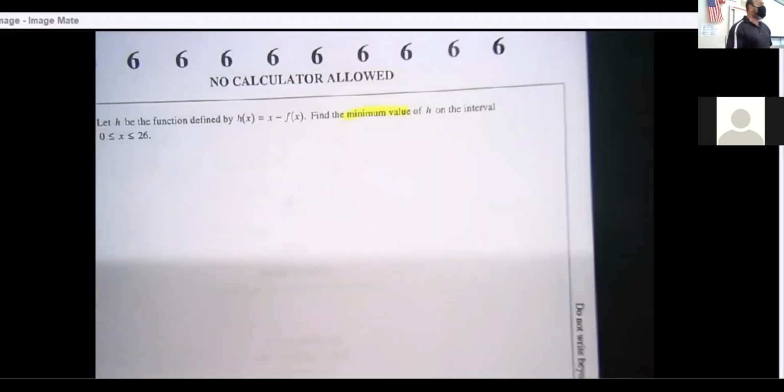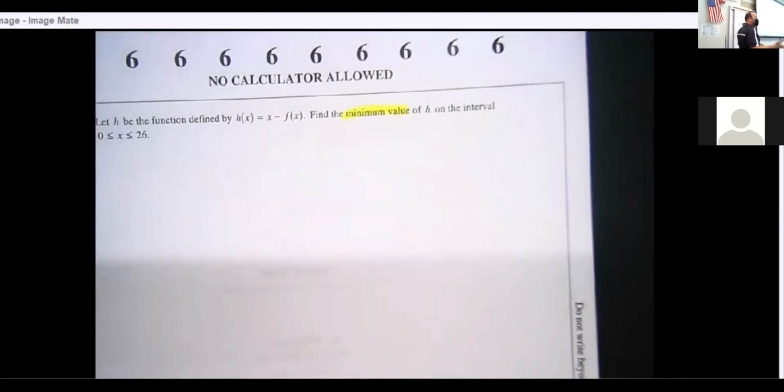If they ask you for a minimum value, how do you find maximum and minimum values every time? You check the derivative equal to 0, but what else? The endpoints. So it says from 0 to 26.